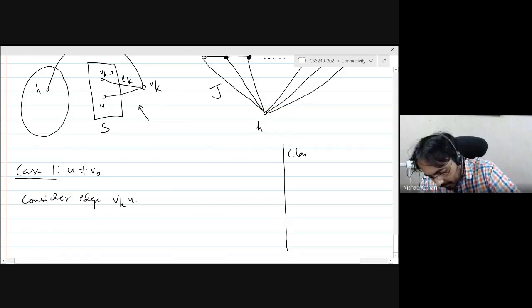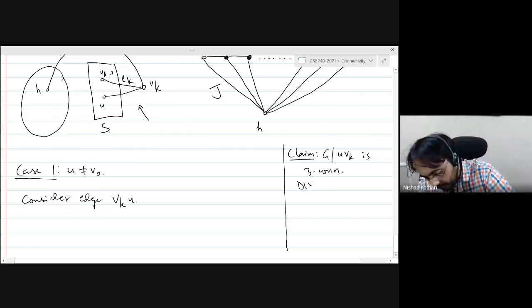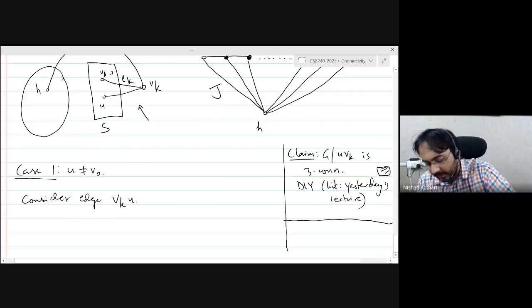There's a claim which is that G contract uvk is 3 connected. Actually, since I already did a special case of this yesterday, I am not going to prove this again. So do it yourself. And if you want a hint, look at yesterday's lecture. Okay. So we have proved that G contract uvk is a 3 connected graph.